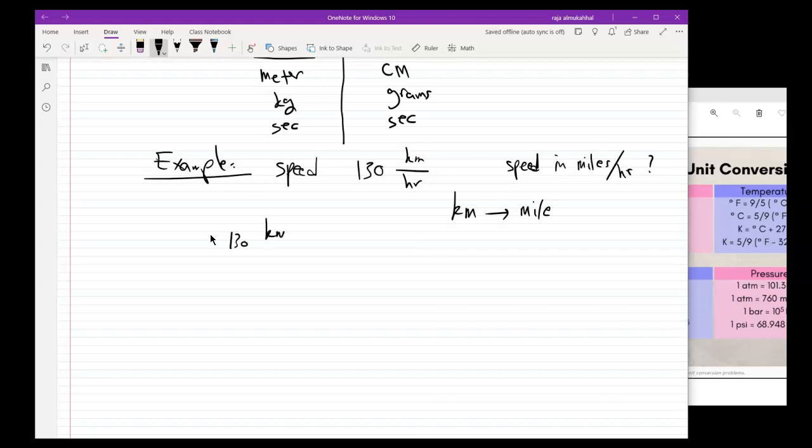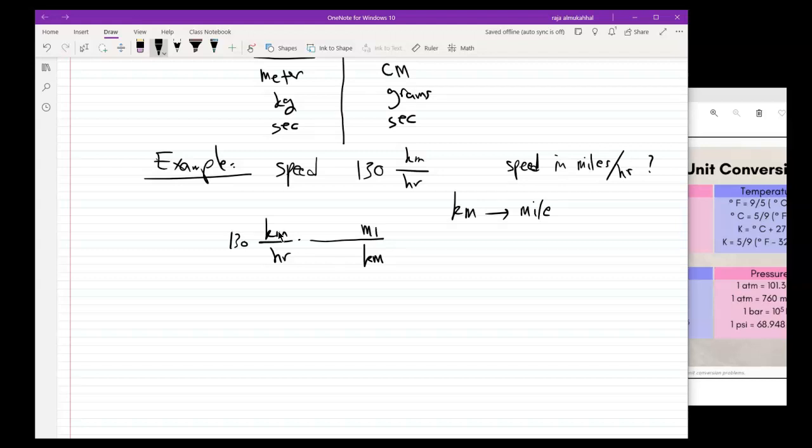So here we have 130 kilometers per hour. Of course, I am converting the kilometer, but I am keeping the hour. So in this case, I'm going to put a bar here. And since I want to get rid of the kilometer and replace it with mile, I put the kilometer at the bottom as a denominator, okay? The reason I'm doing that is because I want to get rid of it. And I'm going to replace it with miles.